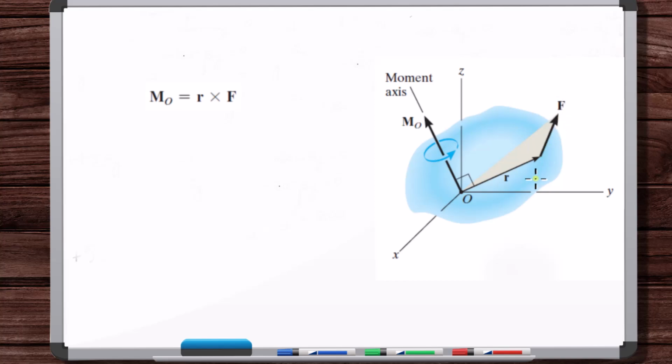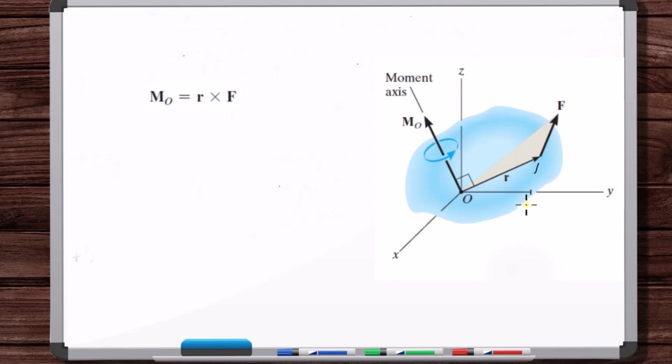You have your force vector in space. You have your point of interest. You draw a position vector from the point of interest to anywhere along the line of action of the force. Now here it goes to the tail, but it can be literally anywhere along the line of action of the force.